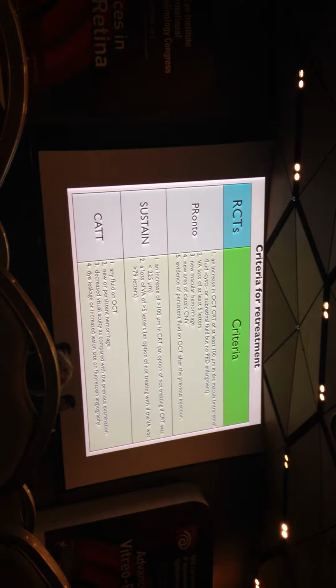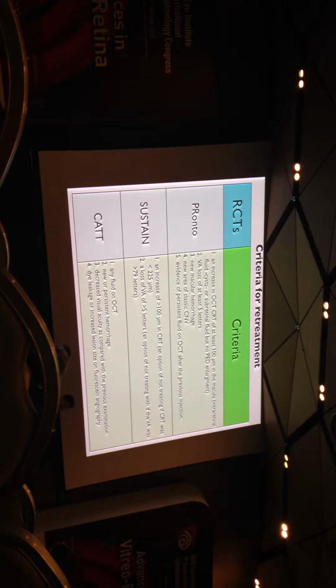Phil, actually in the PRONTO study, once a reactivation of the lesion was recognized, was treating until there was no fluid anymore. So that is a little bit different, but can create a difference in the results. You know that PRONTO has better results, similar to monthly injection, but not the SUSTAIN, which actually has a little bit of decrease. Phil, correct me if I'm wrong.